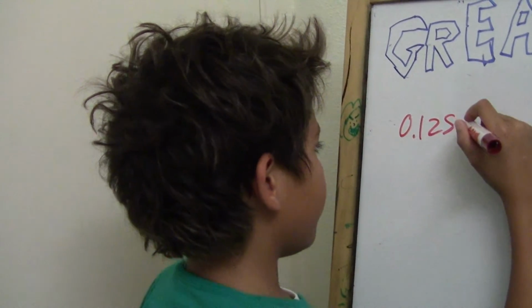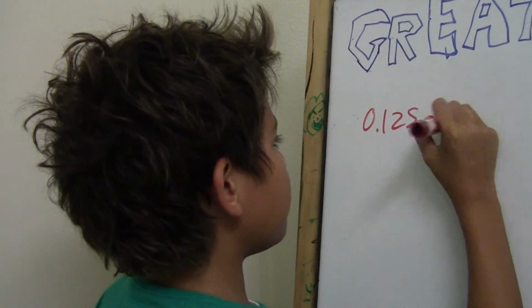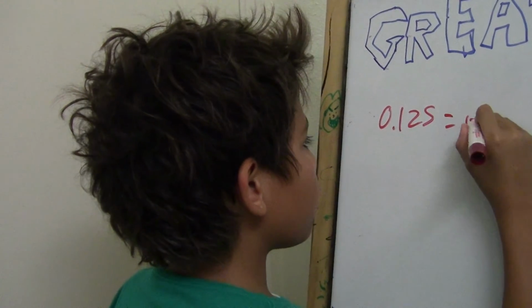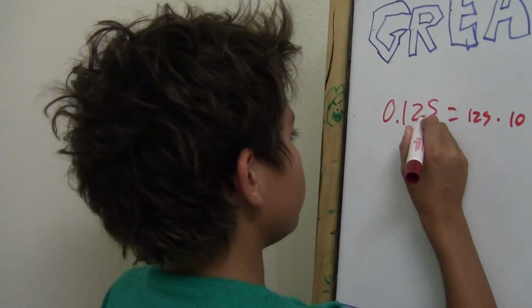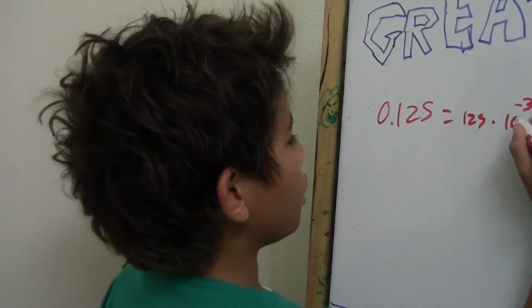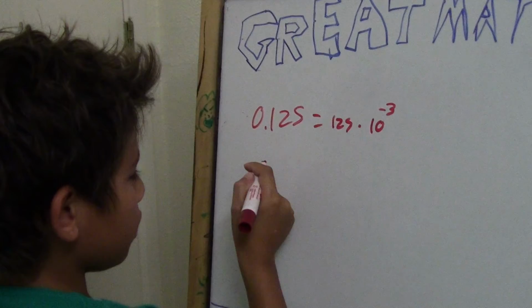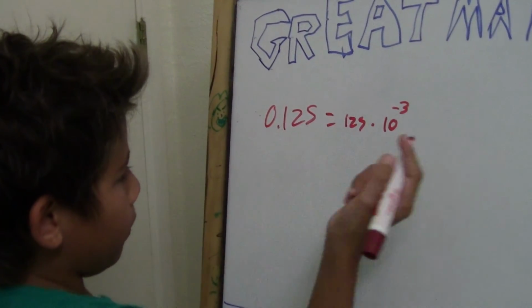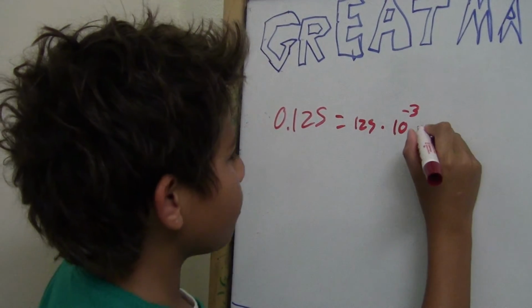So 0.125. Usually we want to make it by powers of 10. What is that equal to? Well, that's 125 times 10 to the power of negative 3, because it's 1, 2, 3 places, which makes it this. And you're multiplying by 10 to the power of 3 just to make it this.